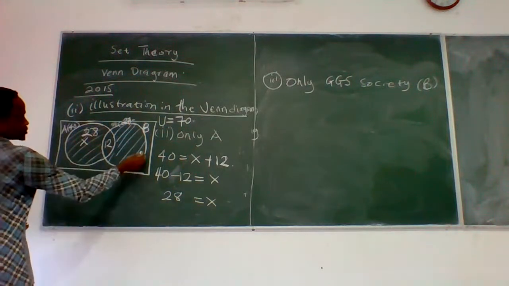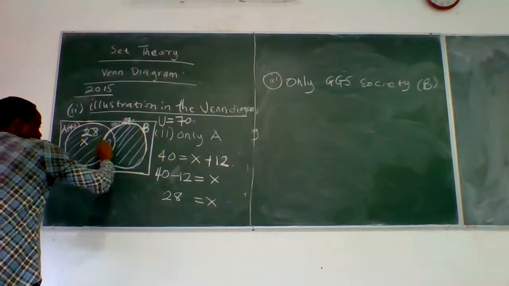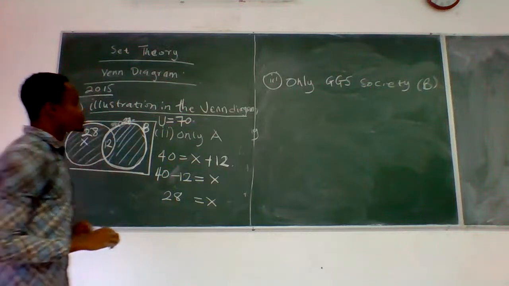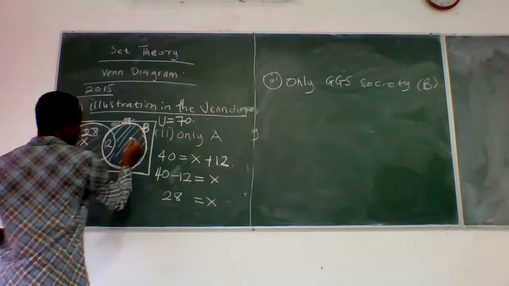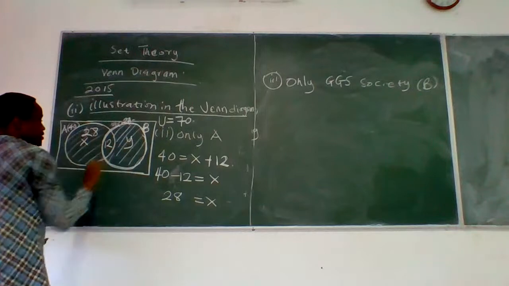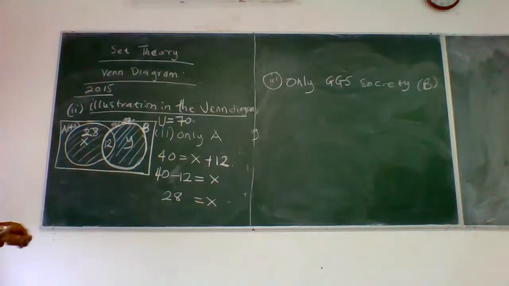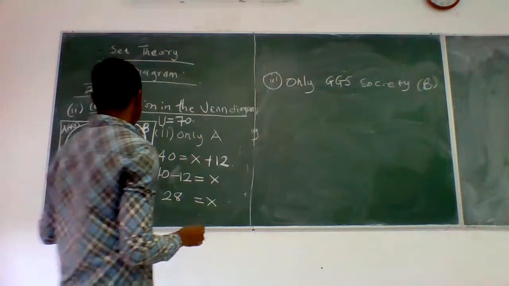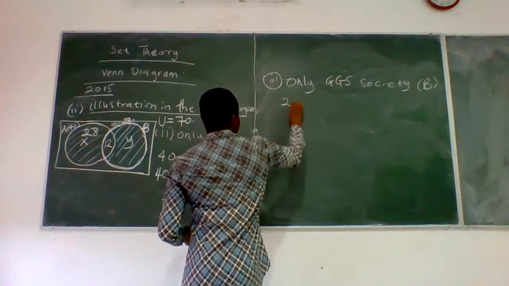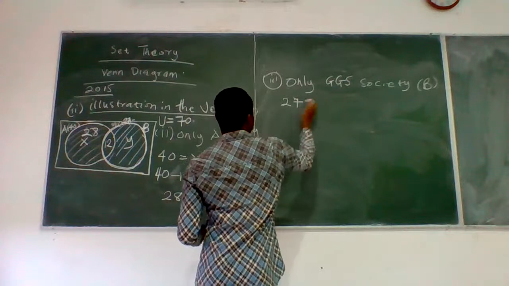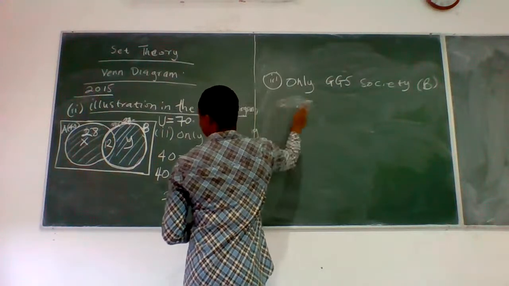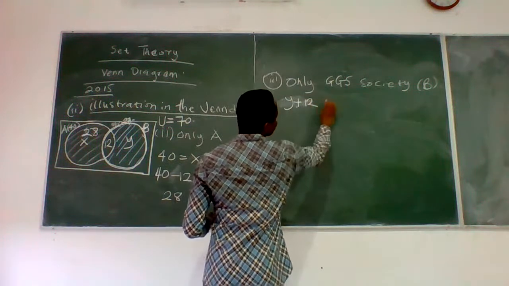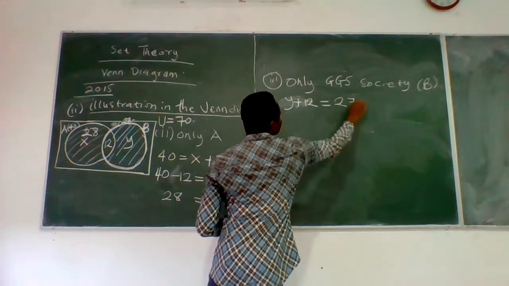You take this whole set, and that sums up to 27. Let's represent this part by Y because we don't know what it is. So we have Y plus 12 equal to 27.